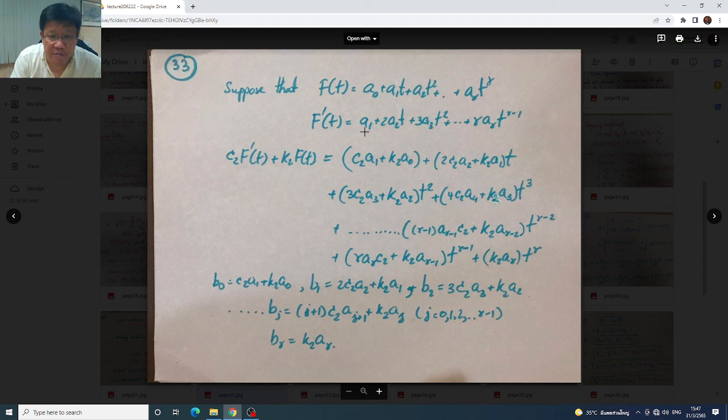This c sub 2 multiplies here, and then plus here, and you start to combine the terms. The term that multiplies t to the 0 is the constant term. Then combine the terms that multiply t squared, t to the third, and up to t to the r.